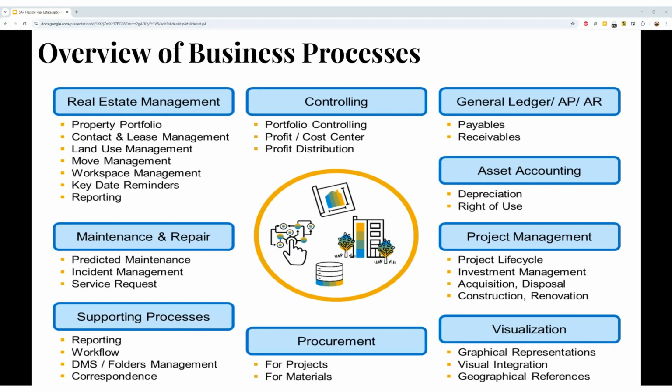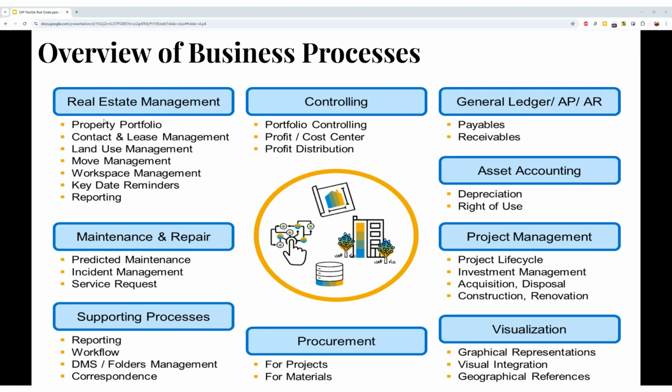Next thing is the overview of the business processes in REFX. So, real estate management involves the processes, systems, and manpower required to manage the life cycle of all acquired properties as defined above, including acquisition, control, accountability, responsibility, maintenance, utilization, and disposition.